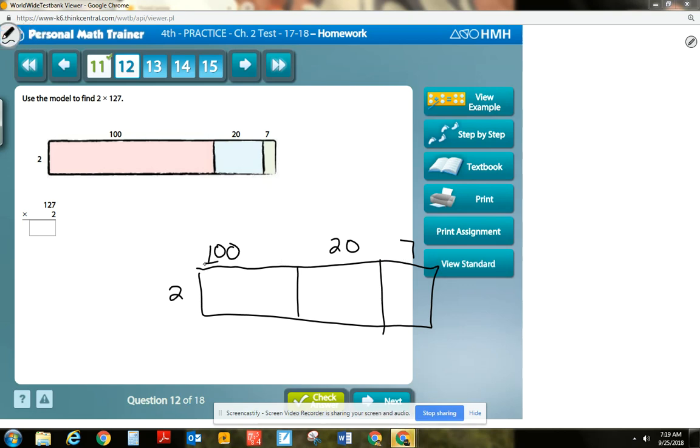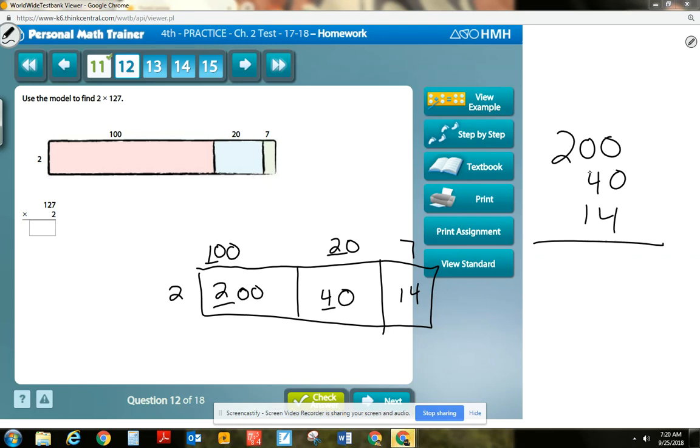So 2 times 100 is 200. 2 times 2 tens is 4 tens. 2 times 7 is 14. Now we need to line them up and add them up. You notice that I always rewrite my problems vertically to make sure that I am really being precise with my place value.